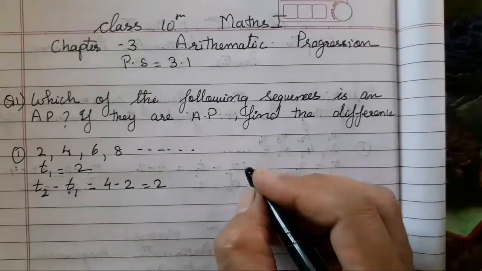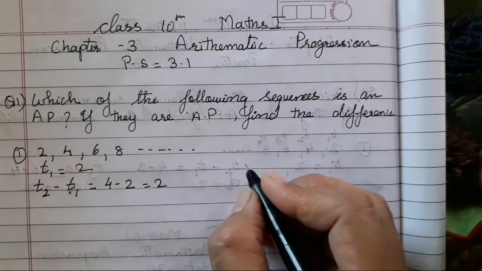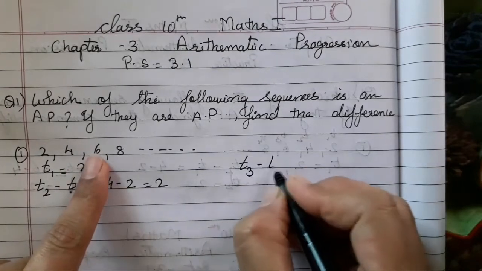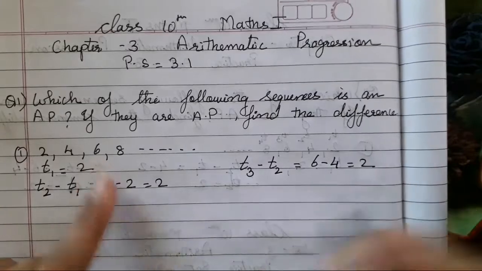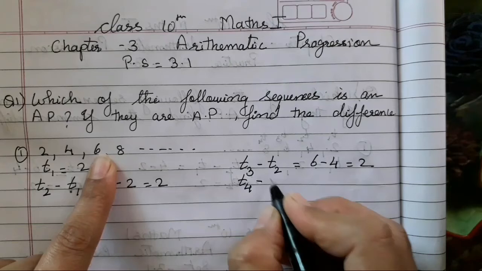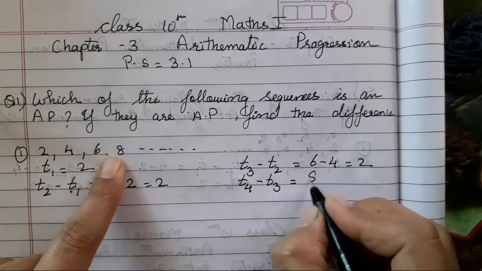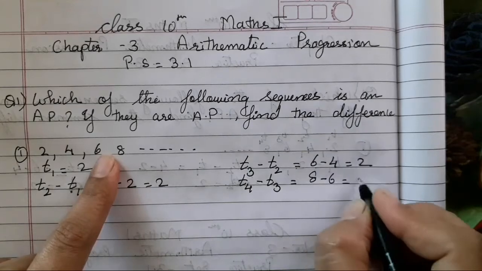For the third term, you find the difference between the third and the second term. So T3 minus T2 is 6 minus 4, which is 2. Now T4 minus T3 is again 2.